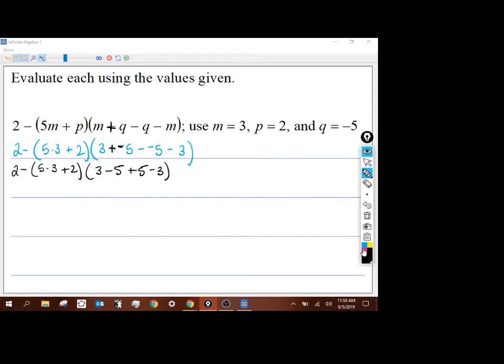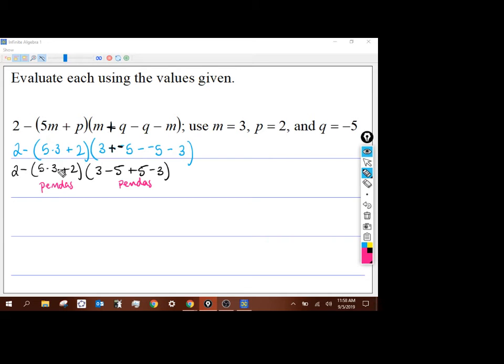You have two sets of parentheses, right? So you need to go through PEMDAS in here, and you need to go through it in there. I think it's maybe one of the first times we've actually seen two separate sets of parentheses where they were not inside one another, right?